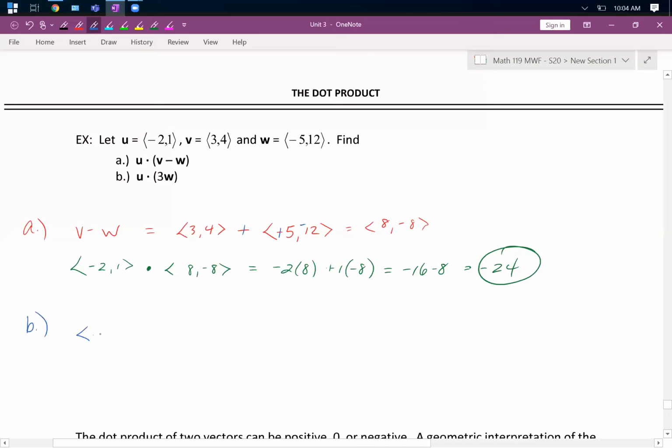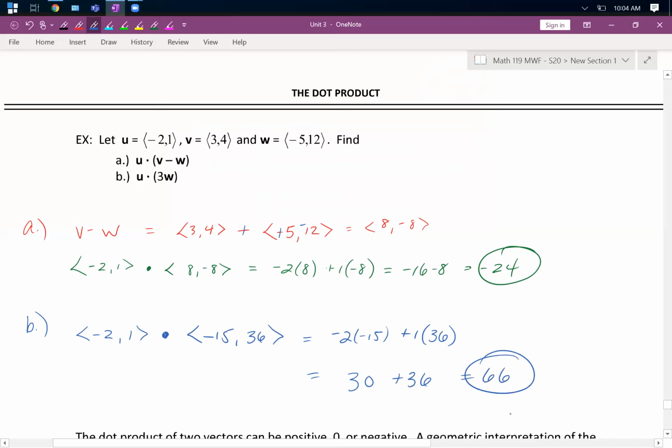So vector u is <-2, 1>. 3 times vector w is going to be <-15, 36>. So we get negative 2 times negative 15 plus 1 times 36. 30 plus 36, we get 66. Questions at all?